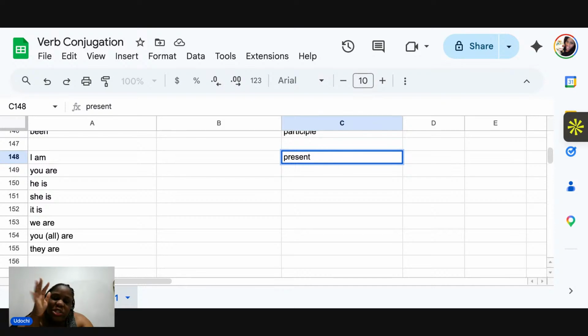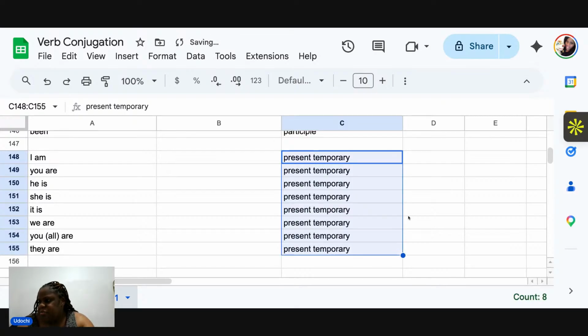It's like changing, present fluid, or let's just say temporary. And then we'll copy it here.